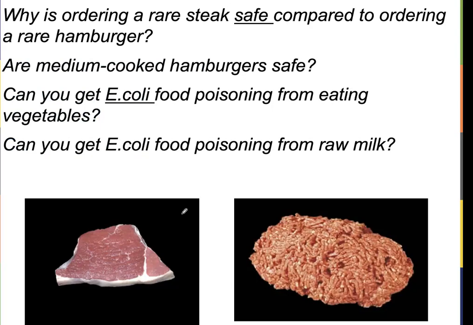So let's talk about how these things get contaminated. Because the question here is why is a rare steak safer compared to a medium rare or rare hamburger? This goes back to the video that you're going to watch. If you think about the cow, the bacteria is in the intestines of the cow. It's not in the muscle, which is what you're eating here.